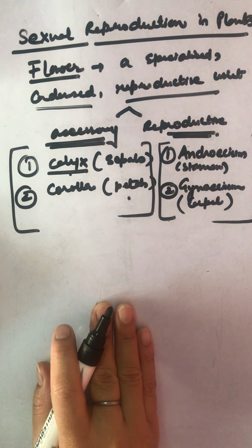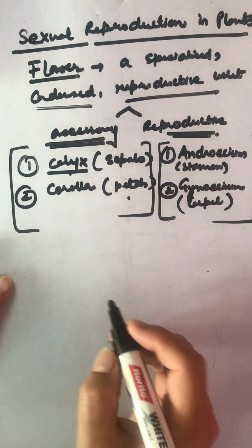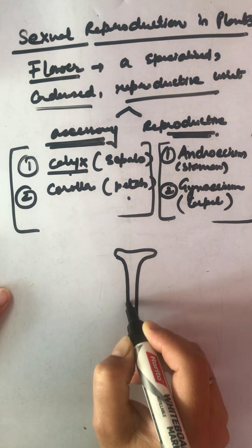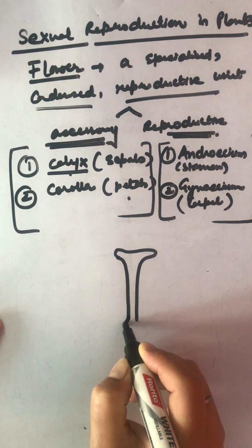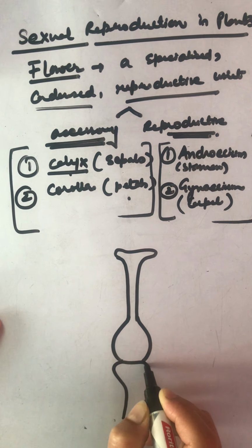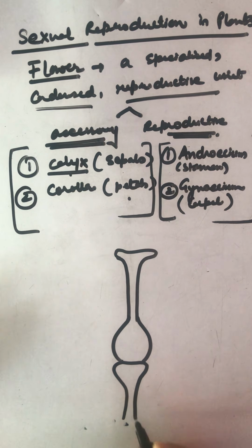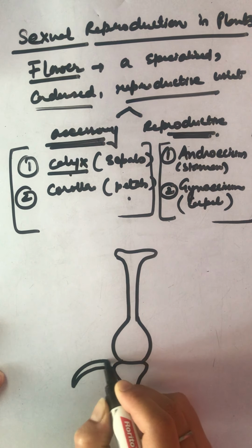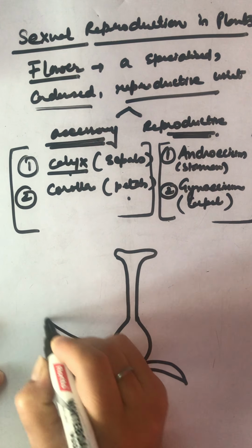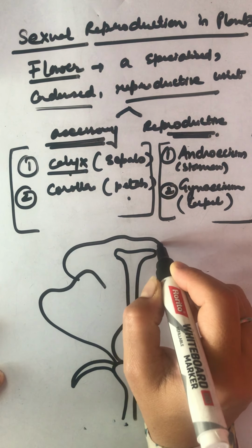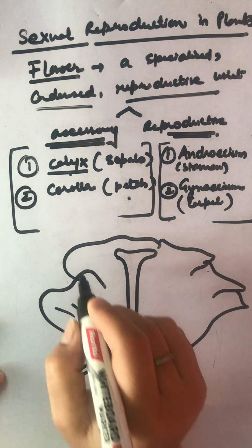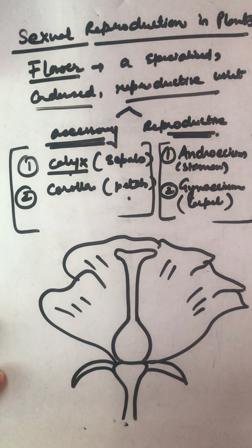Both are important. Now coming to the functioning based on the structure of a flower. We always draw the longitudinal section of a flower and we say it is resting on a thalamus or a pedicel, which has the green colored whorls and the brightly colored petals all around.